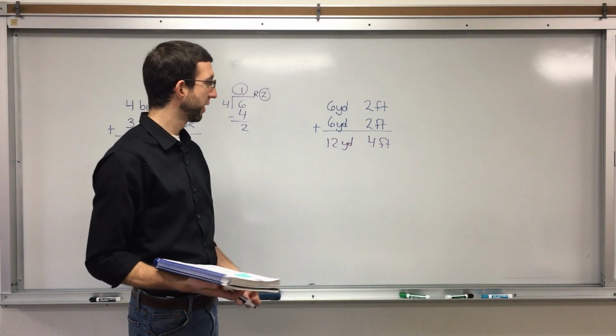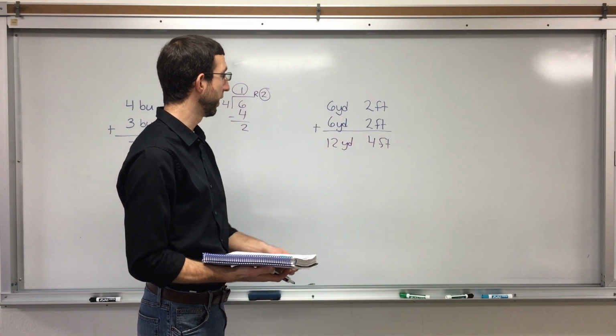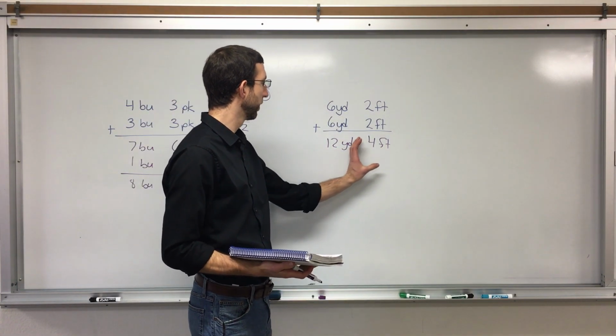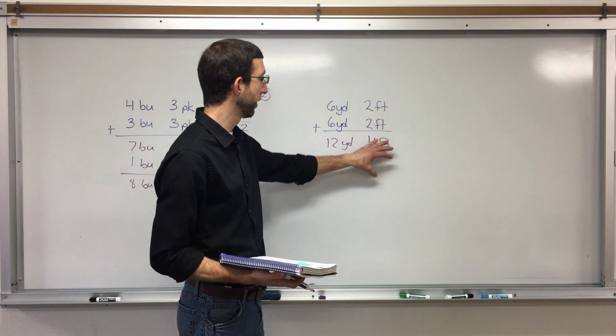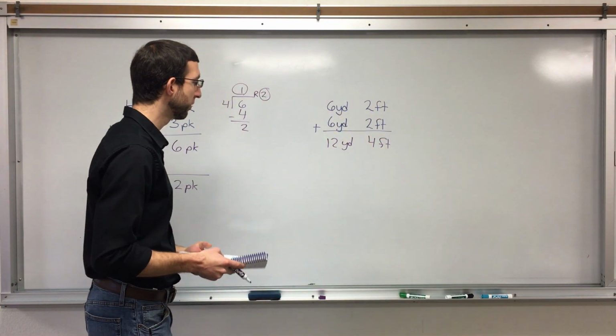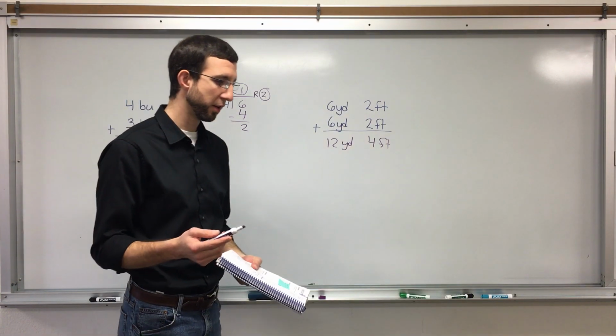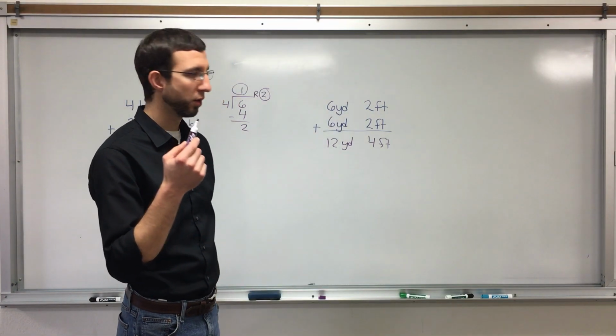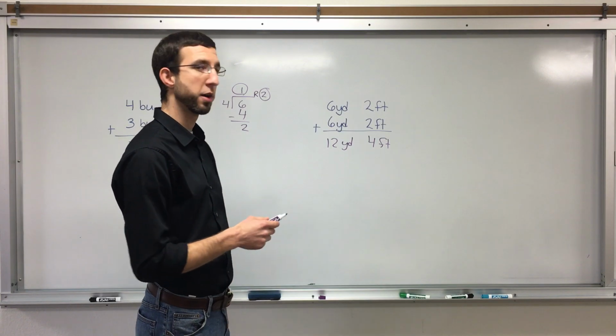Using your hardware, you know that there is 1 yard within this amount of 4 feet. So again, you can either think this through in your head, or if you can't, then work it out as a division problem.